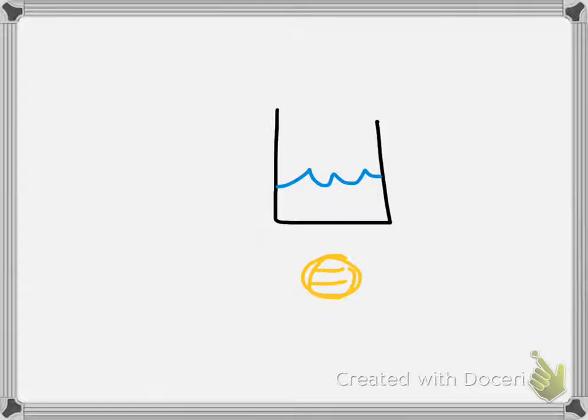Here we have a container, and in this container we have some water. Underneath this container, we're going to have a potato chip, and we are going to light this potato chip on fire.